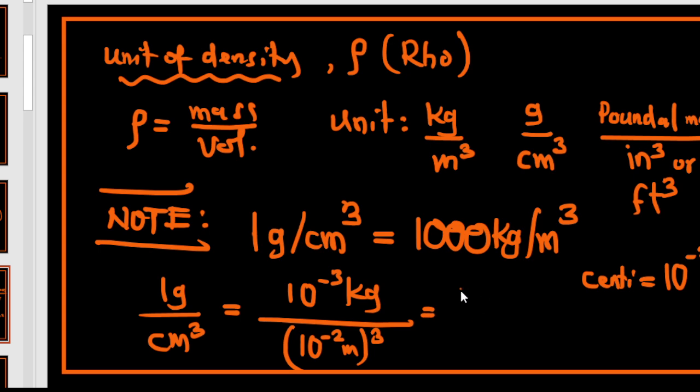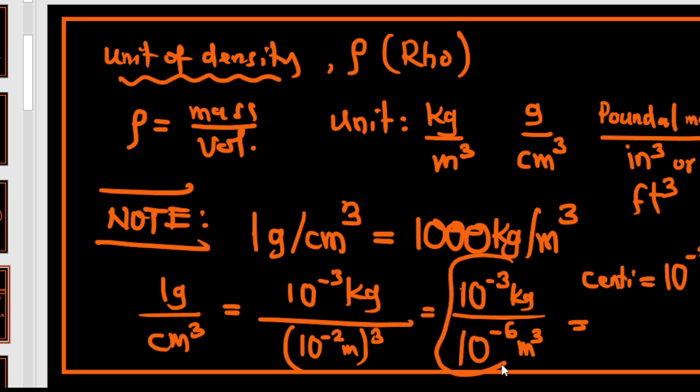So this is going to give us 10 raised to the power of minus 3 kilogram divided by, when you open this bracket, what do you think that will give us? So we have 10 raised to the power of minus 6, then we have meter cube. So if you look at 10 raised to the power of minus 3 divided by 10 raised to the power of minus 6, when you use the law of indices to treat that, what do you think we are going to get at the end?